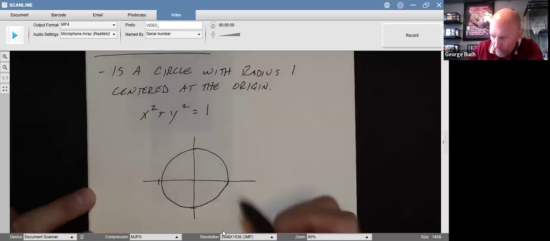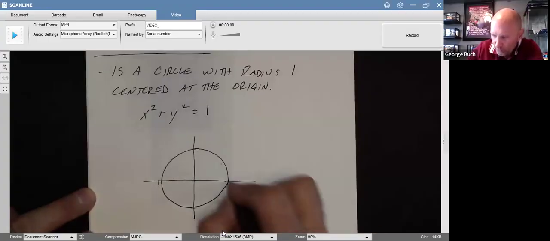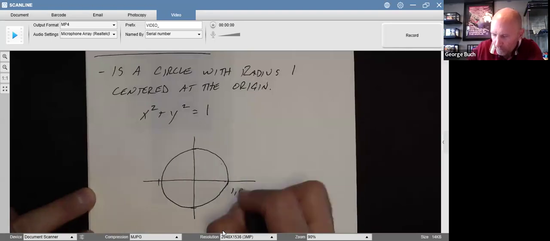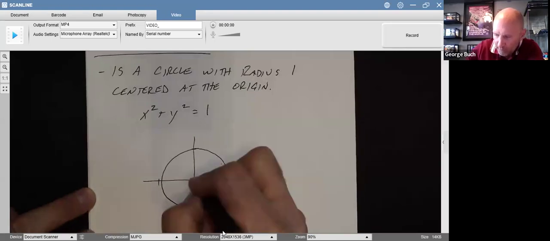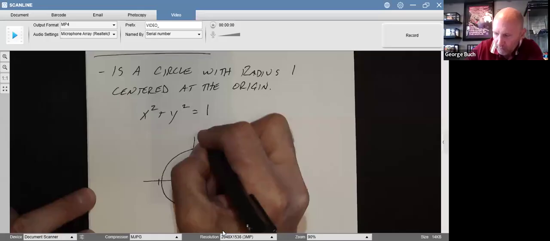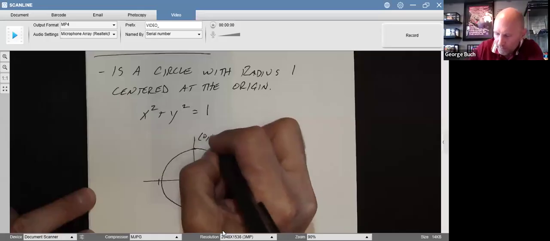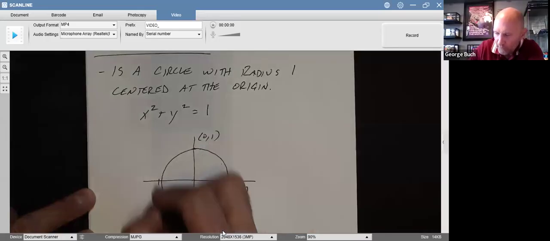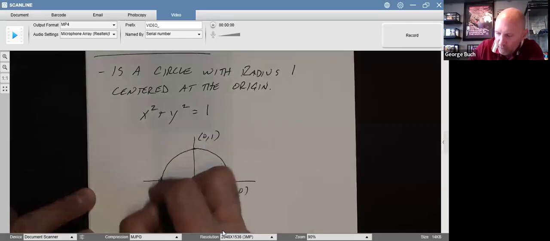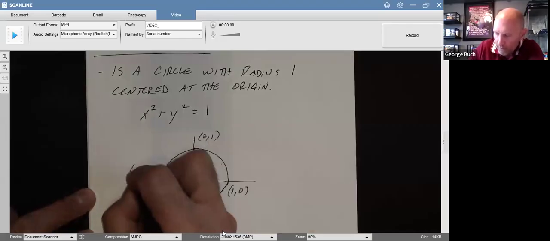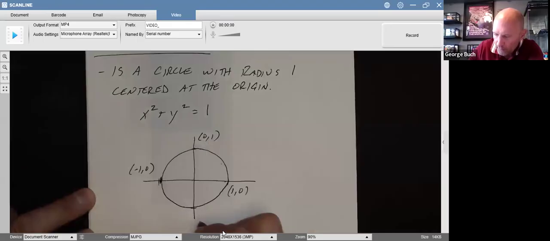Out here, this is 1 unit to the right, 0 units up. This guy at the top is 0 units left and right, 1 unit up. Let's assume this touches out here. This is -1, 0. And down here is 0, -1.